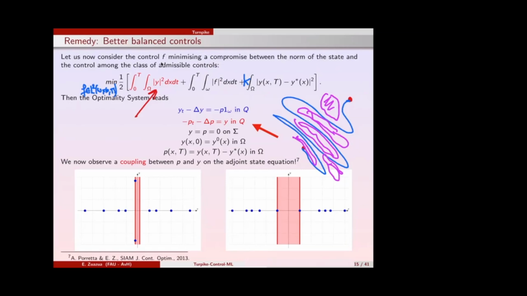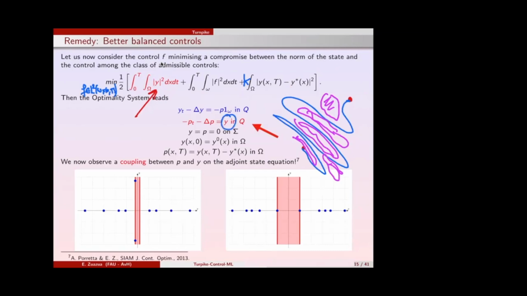This is just the classical PDE well-posedness elementary result. What is the only difference, which looks purely algebraic, on this example? Well, the difference is that because you are penalizing also the state in the cost functional, when you look at the optimality system, you find here a y term.